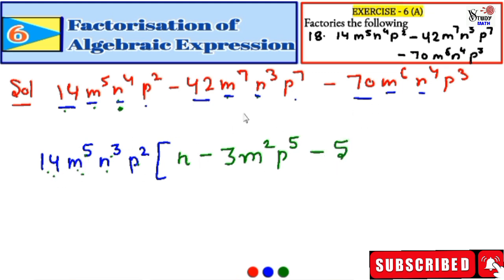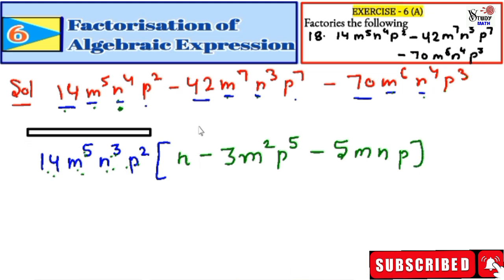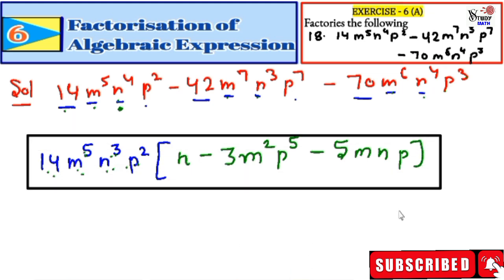M to the power 5 cuts m to the power 6 m times. N to the power 3 cuts n to the power 4 n times. And p to the power 2 divides p to the power 3 p times. And this is the final answer of this problem, my dear students, and this is the answer of this question.